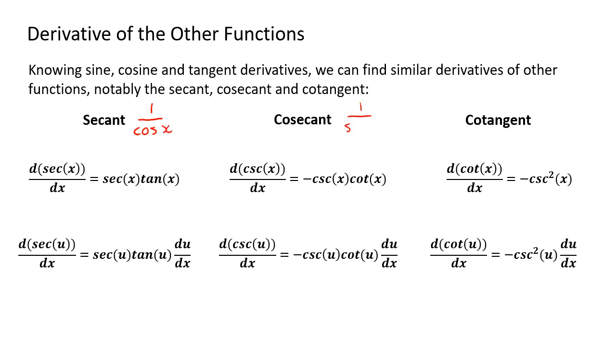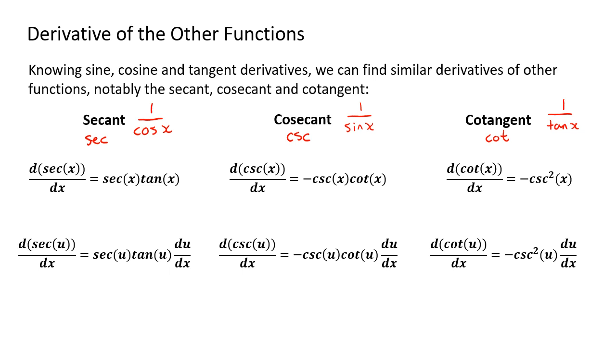Cosecant is 1 divided by sine x. And cotangent is 1 divided by tan x. Okay? Their abbreviations are as shown below. Secant is SEC, cosecant is CSC, and cotangent is COT.